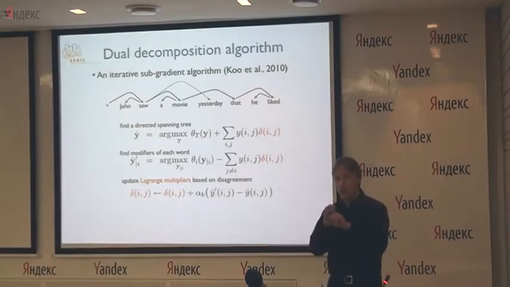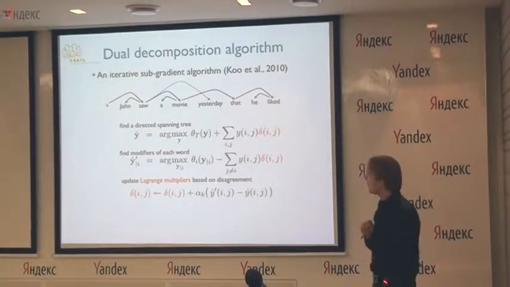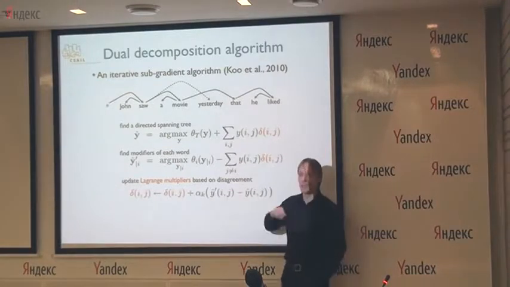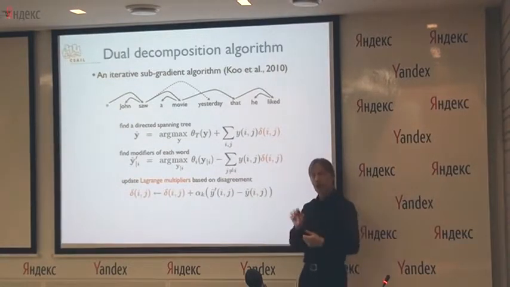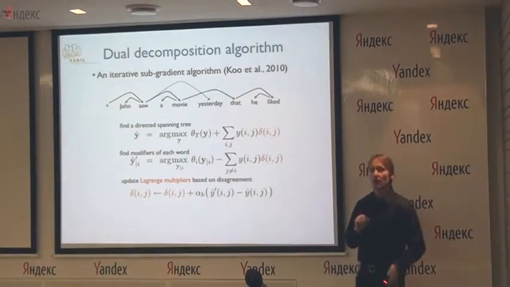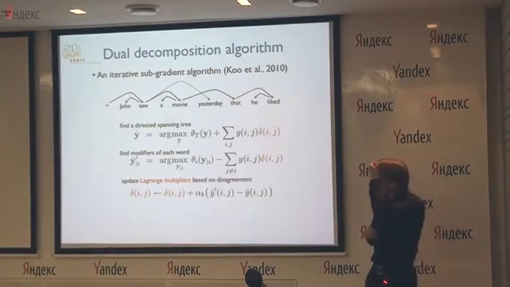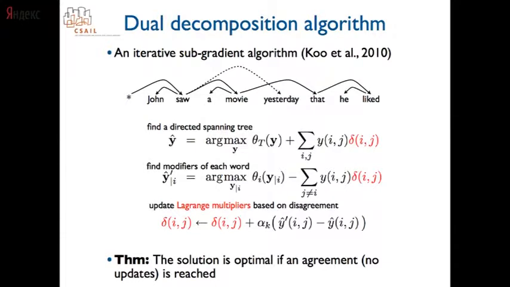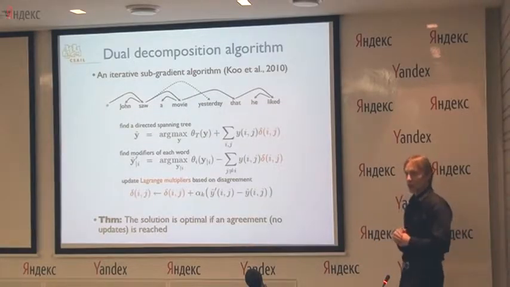Based on their current scores, you find the maximizing outgoing arcs. And then you compare these answers. If they disagree, you modify, you take away from some, you add to another in order to establish agreement. And if an agreement is found, then indeed the solution that we obtained in this simple fashion is guaranteed to be optimal for the original problem that was computationally hard.